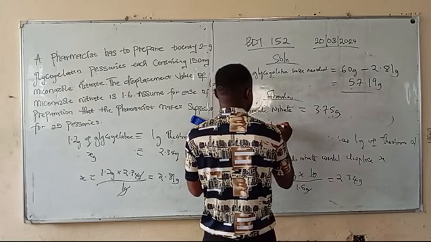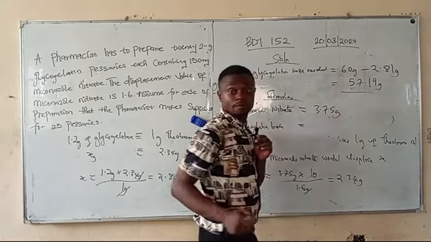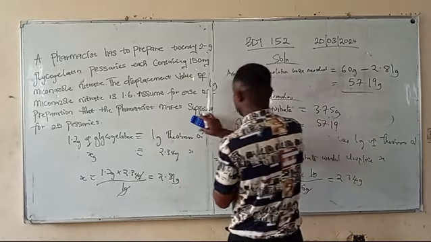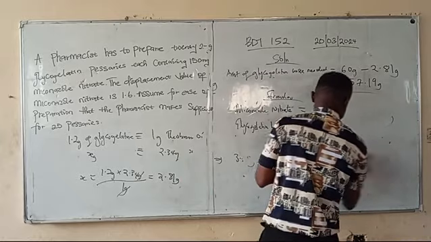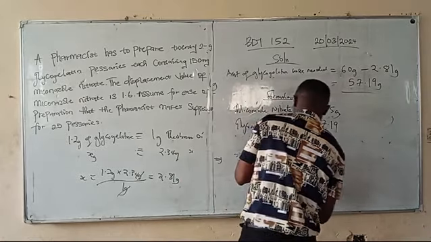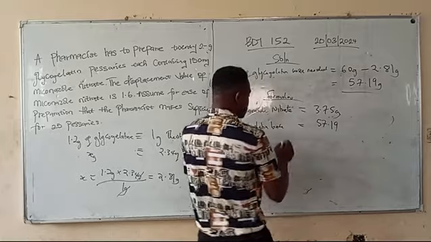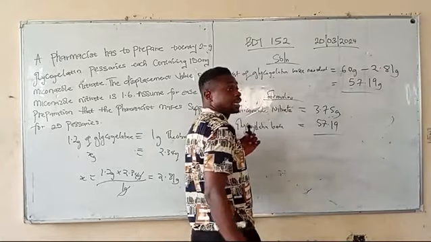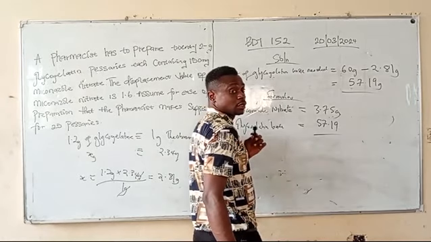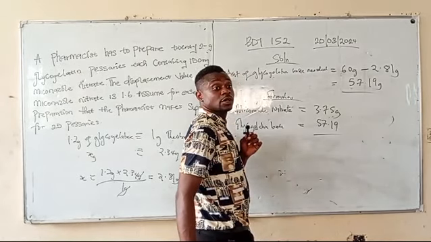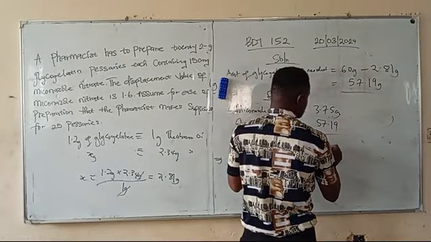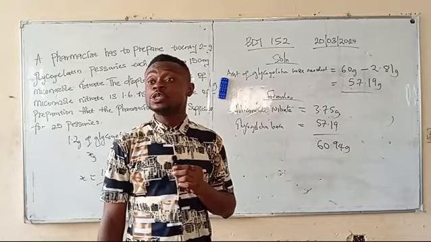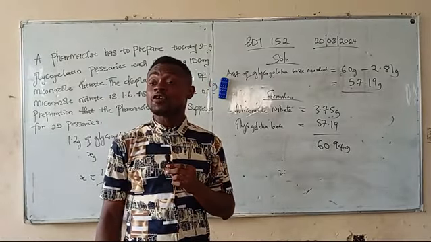Glycogelatin base is what? 57.19. So then the total is what? 60.94 gram. Remember we prepared for 25 suppositories. So what is the weight of one suppository?